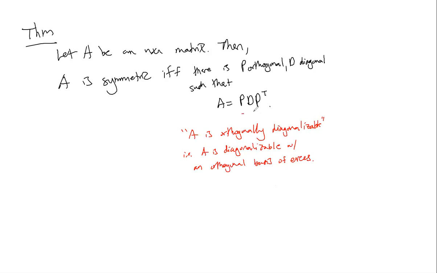Right, because since P is orthogonal, P transpose equals P inverse. So this is exactly saying that A equals P D P inverse. And since P is the matrix that consists of your eigenvectors, we're saying those eigenvectors are orthogonal.